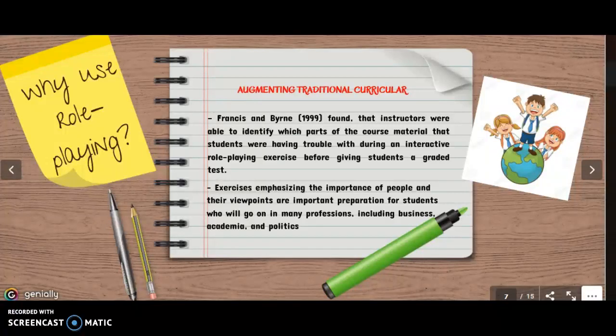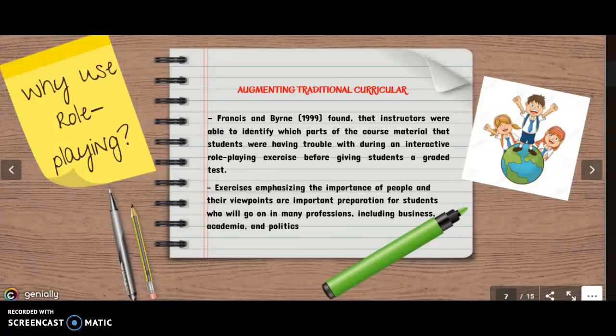Francis and Byrne found that instructors were able to identify which parts of the course material students were having trouble with during an interactive role-playing exercise, before giving students a graded test.